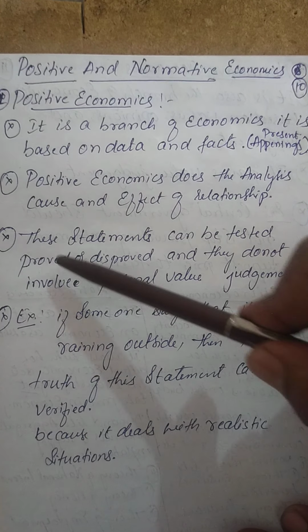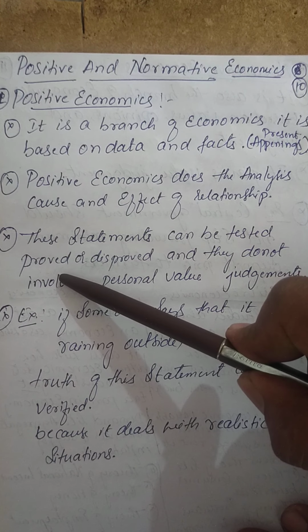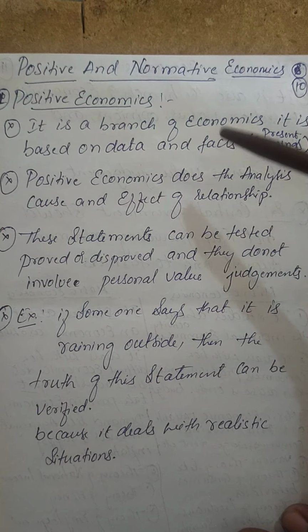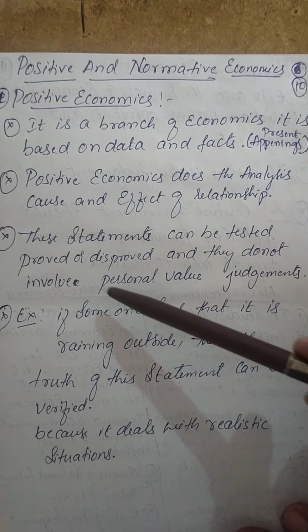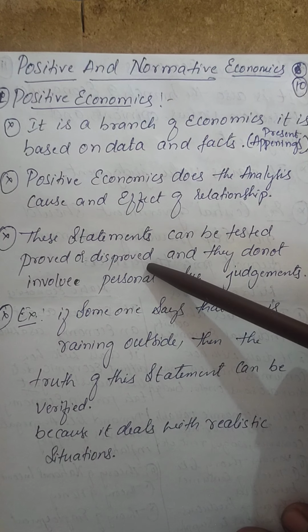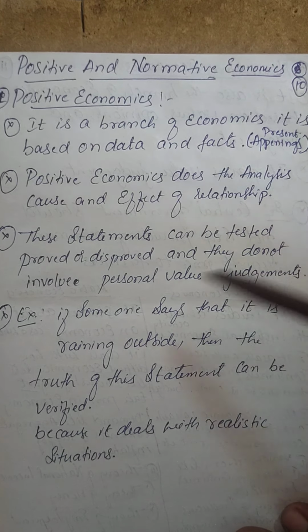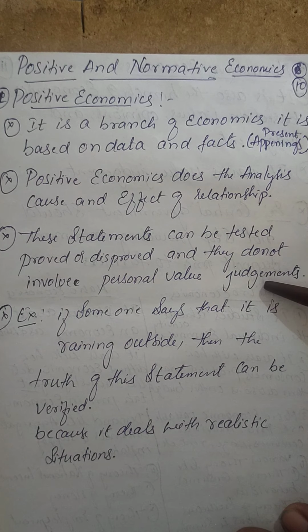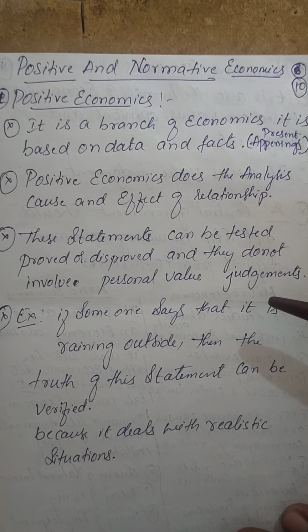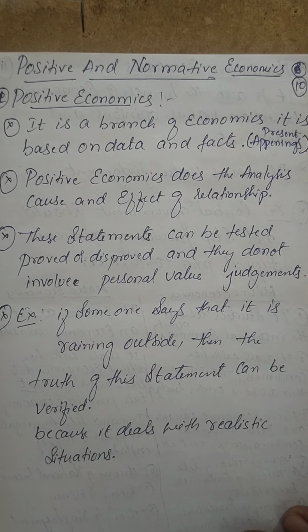Third point, these statements can be tested and proved. Observe these statements which have been seen here. They can be tested and proved or disproved, and they do not involve personal value judgment. For example, they might test, like you have scolded your parents. It might be a fact, it might have happened because of some reason.